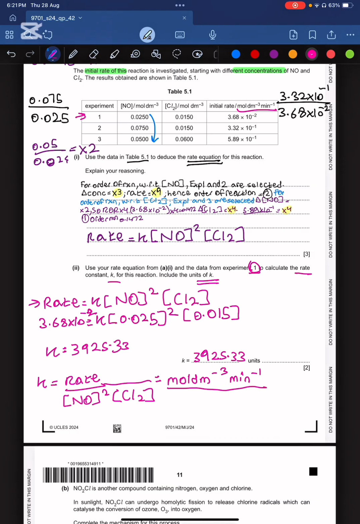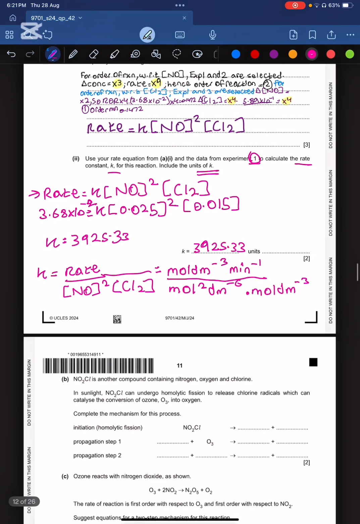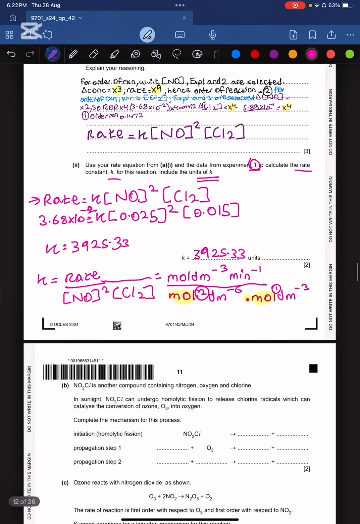This would become mole 2 dm minus 6 times mole dm minus 3. We use the laws of indices, which means that if two things are being multiplied and they have the same base, the powers get added. So 2 and 1 here becomes 3, and minus 6 and minus 3 becomes minus 9. So mole 3 dm minus 9.